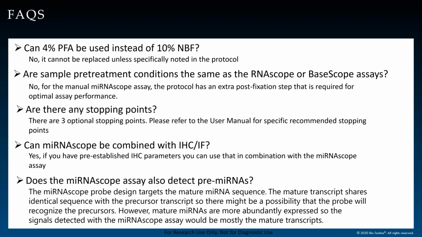And here's another set of questions, specifically, replacing 4% PFA instead of 10% NBF, which you cannot unless it is notified in the protocol. Again, miRNAscope can be combined successfully with immunohistochemistry or immunofluorescence.